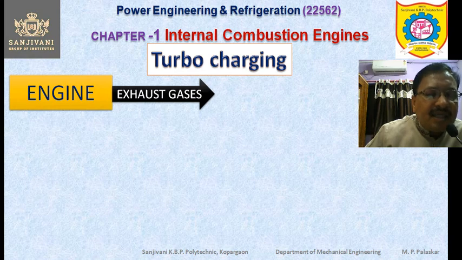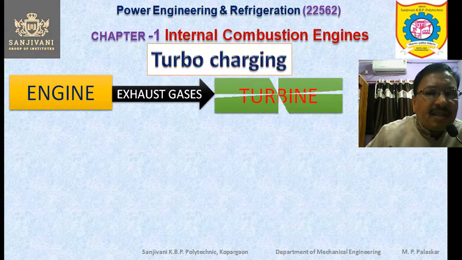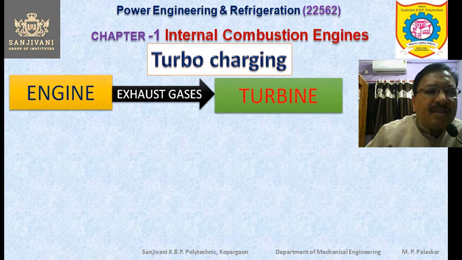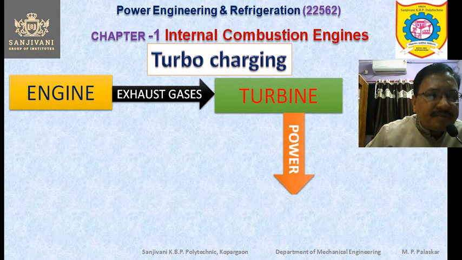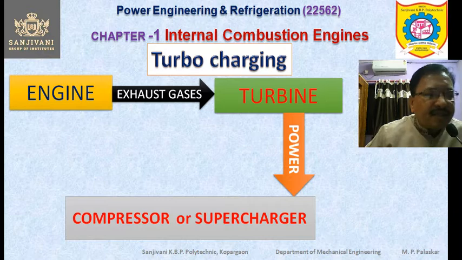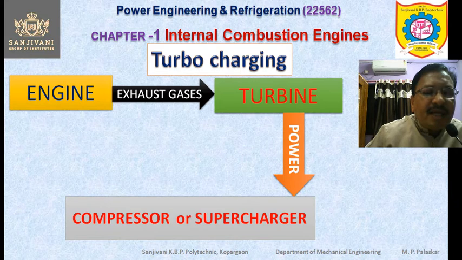So this energy can be utilized to operate a turbine, a gas turbine, so that this gas turbine will provide the mechanical power, and this mechanical power can be used by a compressor or a supercharger. The compressor will be called a supercharger.